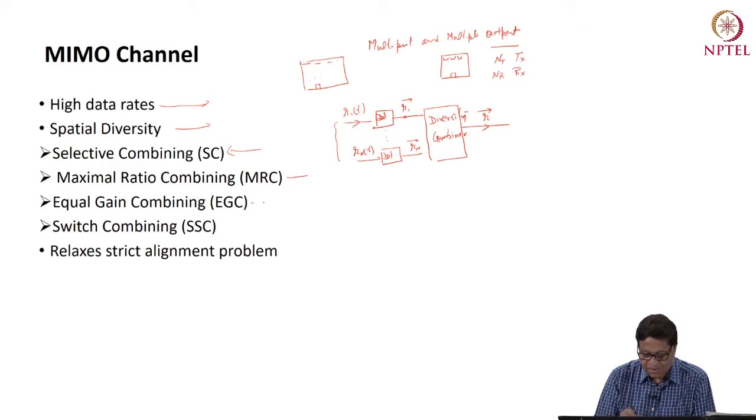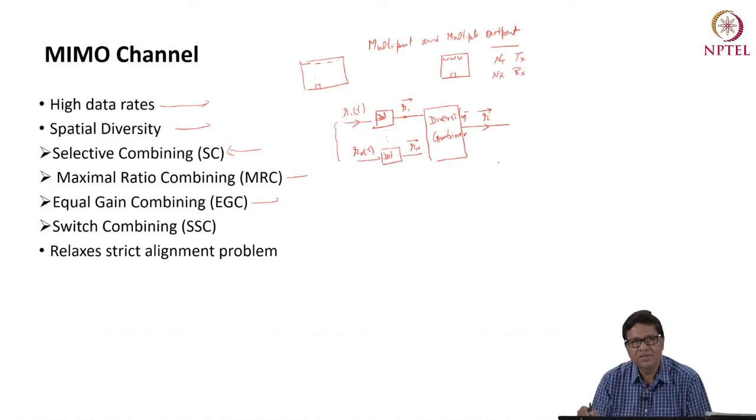The third could be equal gain combining, where you co-phase all the inputs which are coming and then give the same amount of gain to everyone, and then try to find out the output signal. So this is another method of getting output signal, equal gain combining.